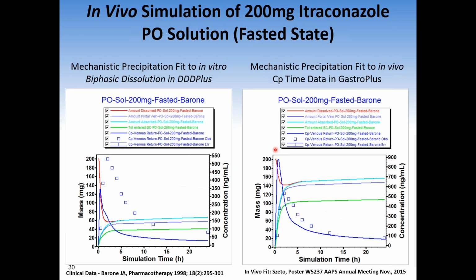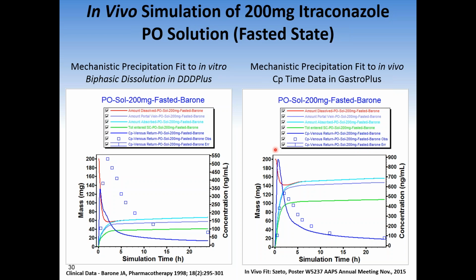The final case is the PO solution in the fasted state, and here we again predict more precipitation, but since we're in the fasted state, there aren't as many bile salts and the pH is lower in the stomach, so we're just not getting the redissolution back up to match the PK curve.